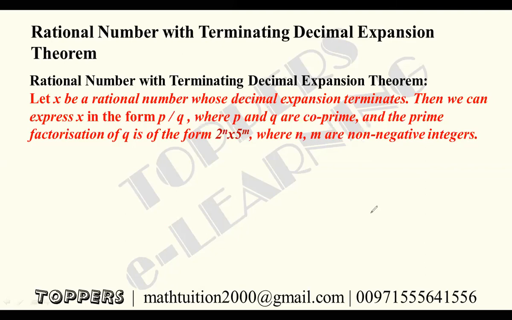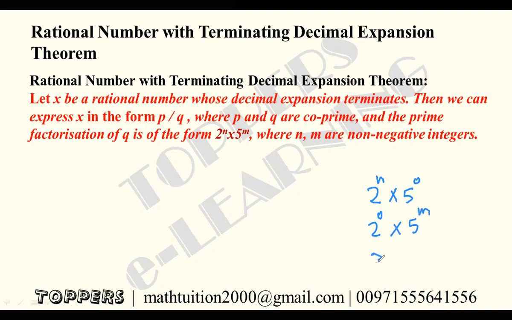Powers are whole numbers. So there is only 2, or only 5, or both 2 and 5. If only 2 is there, then we can write it as 2 raised to n times 5 raised to power 0. There is no 5, right? If only 5, then the power of 2 becomes 0.